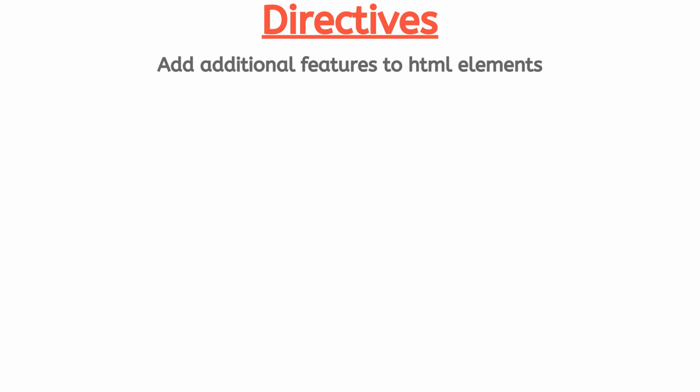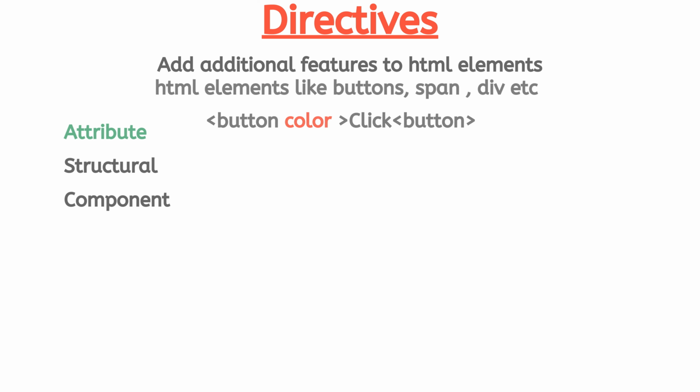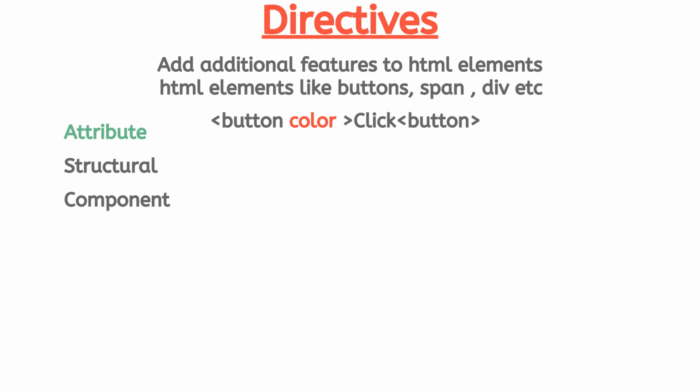It will add some additional features along with the regular HTML content. Directives can be applied at three different levels: attribute level, structural level, and component level. Attribute level means HTML elements like buttons, span tag, div tag, or any sort of HTML element that comes under attribute level.